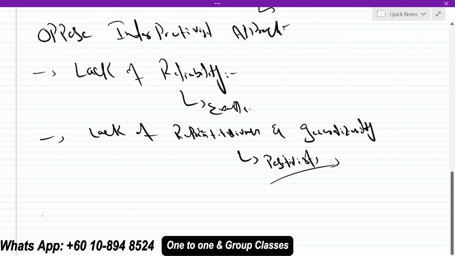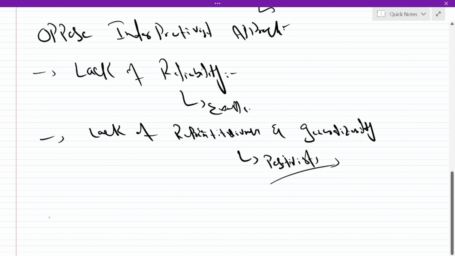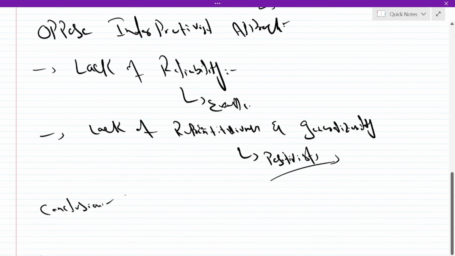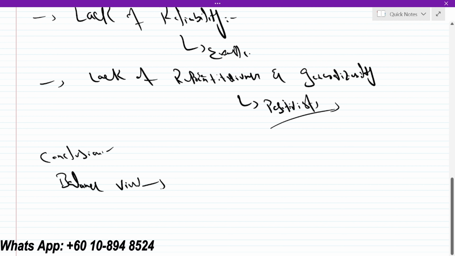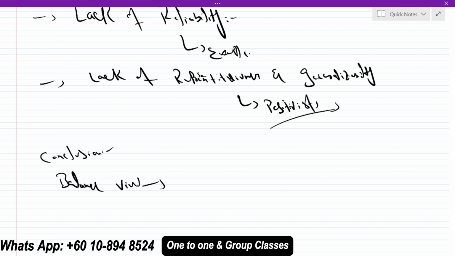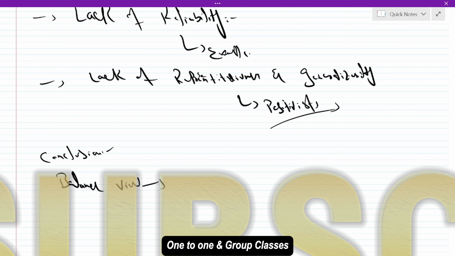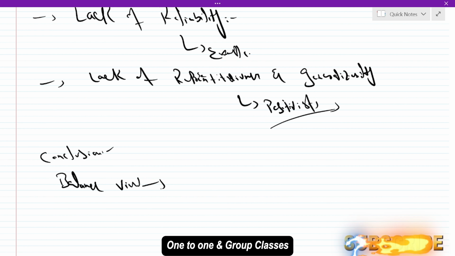And how to draw the conclusion? You can write it over here: Conclusion. For the conclusion, you have to provide a balanced view. You would say that while interpretivist methods are great for understanding the social meaning, they lack scientific rigor.